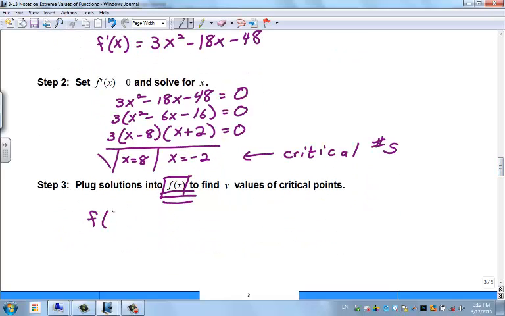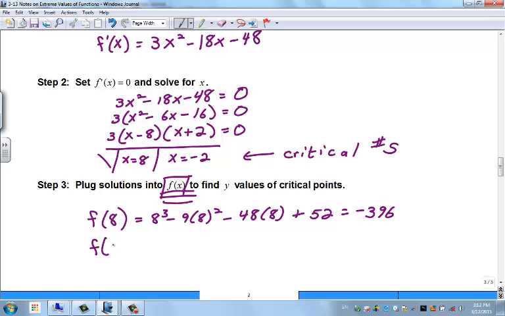So f of 8 is equal to 8 cubed minus 9 times 8 squared minus 48 times 8 plus 52, which is negative 396.